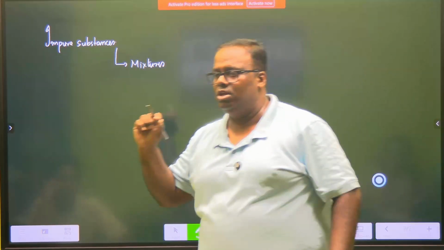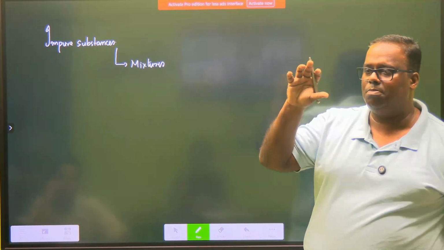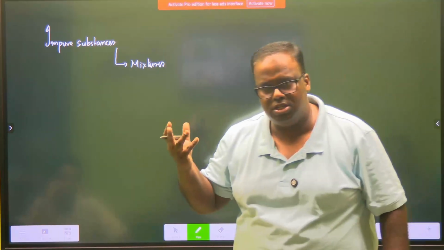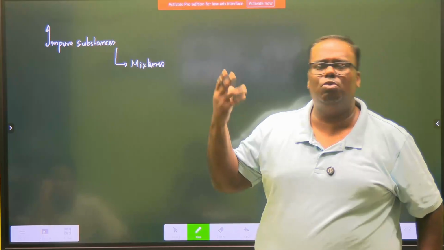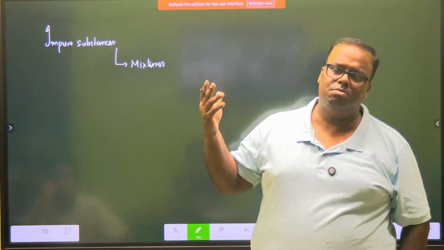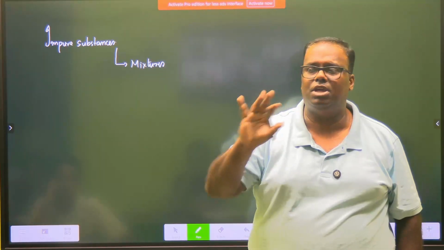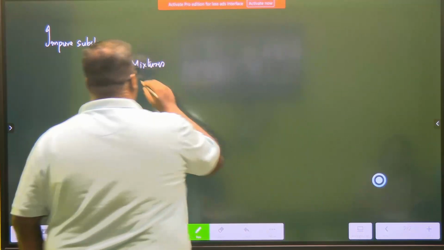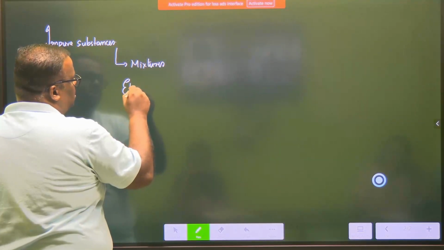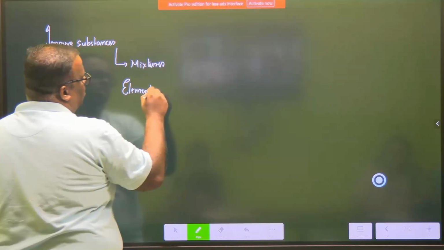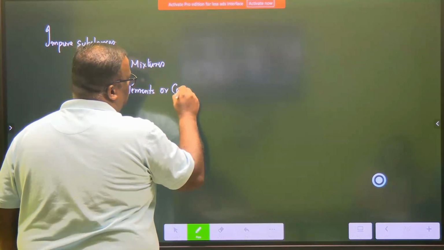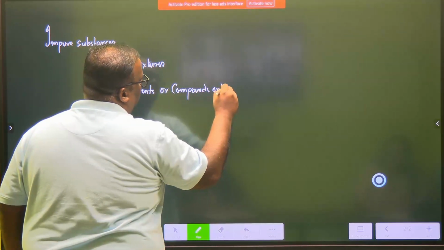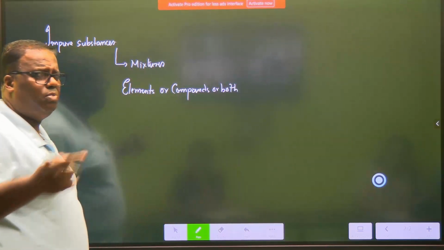So what is a mixture? A mixture is a mix-up of elements and compounds, can be two or more compounds, two or more elements and compounds, in which they are not chemically combined together. Understood? A mixture will comprise elements or compounds or both, or element, compound and another mixture.